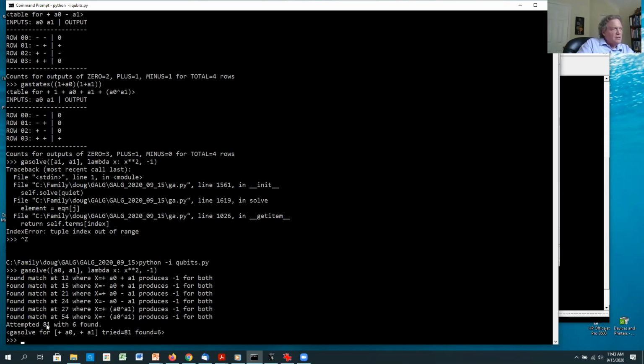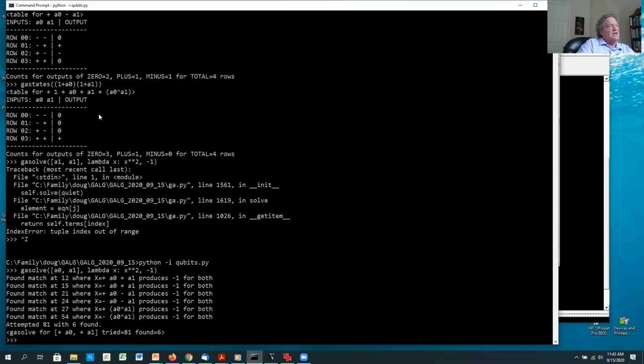And why 81? Because if we look at this expression we did up here, there's 4 states, but there's 9 total states for a single vector, with constants. I showed this in the other paper that I gave the other day, and 9 squared is 81 total states for G2.